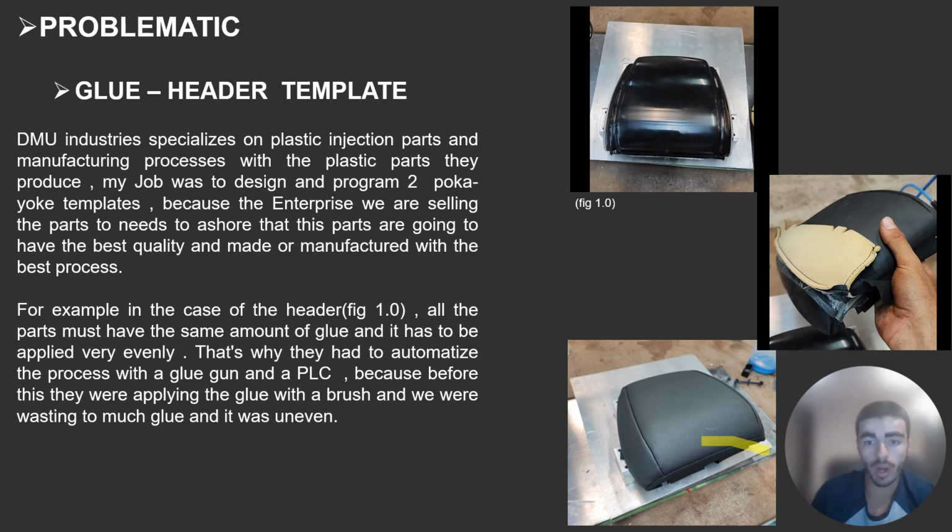What they were doing was doing it with a brush, but the brush didn't work because it was very uneven, and it wasn't always the same quantity of glue, and the foam was moved a little bit. If you can see my hand, they were grabbing it by hand and gluing it with a brush.